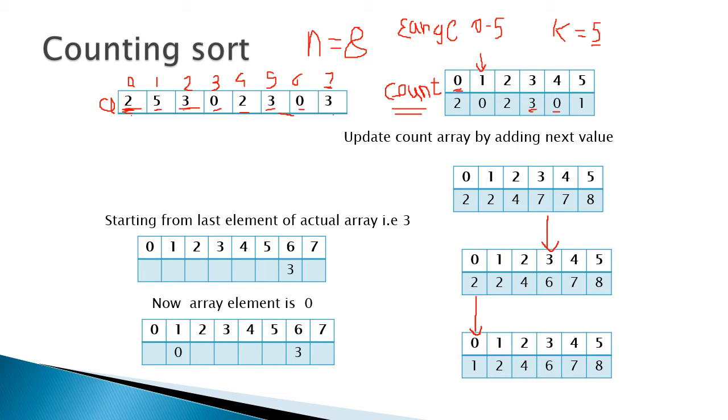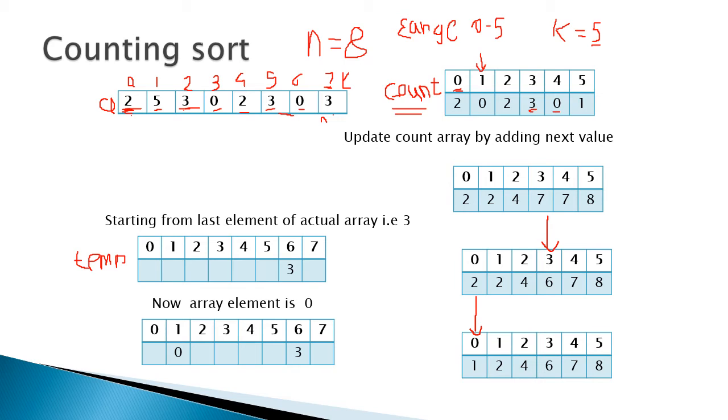Now we are going to build an output array. Take one temporary array. This is our temporary array. After that we have to scan the original array from the last. This is our original array, and we have to scan it from the last index only, and then check the value.